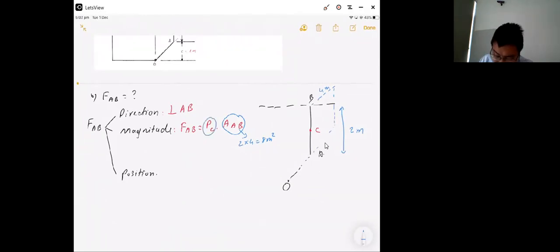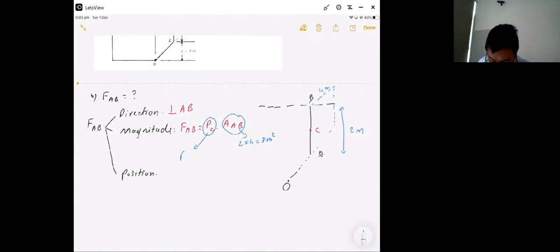PC. How to find PC? Pressure at C. Yeah, rho g s, the pressure variation.